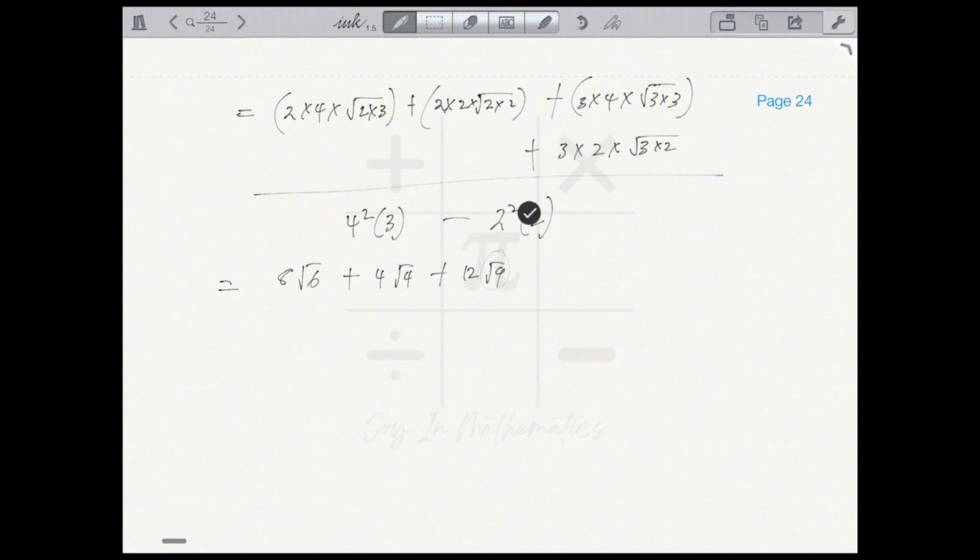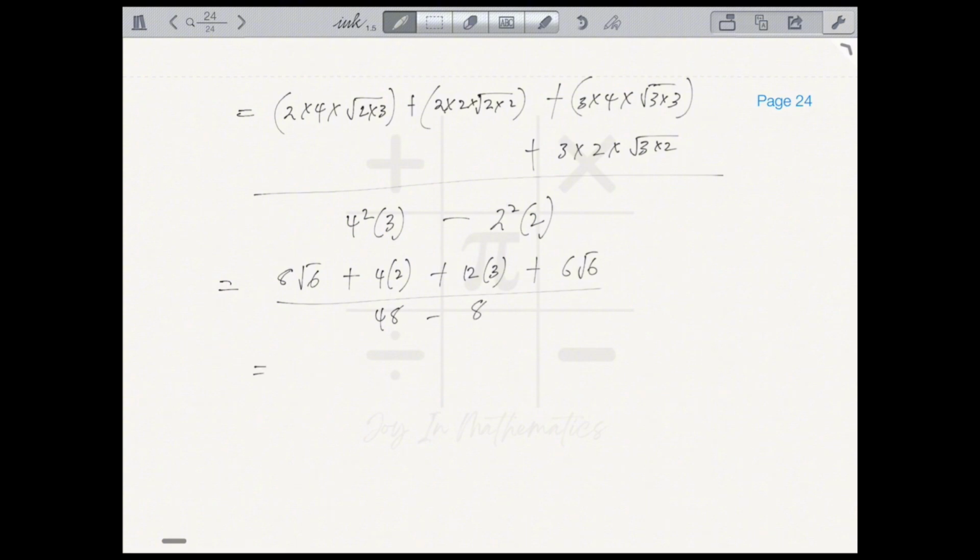Root 9 is 3, root 4 can be written as 2, plus 6 root 6. And the denominator is 4 squared, 16, multiplied by 3, 48, minus 2 squared, 4, multiplied by 2, 8.